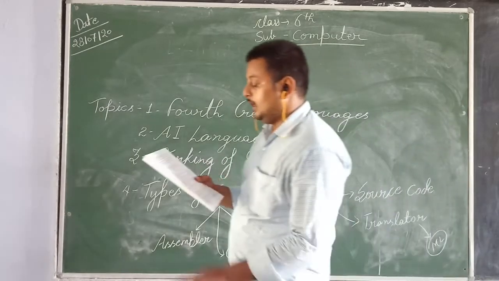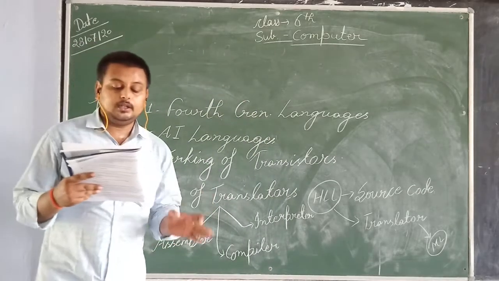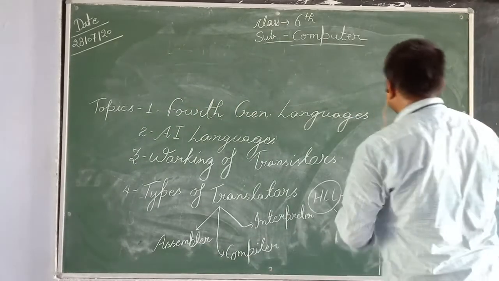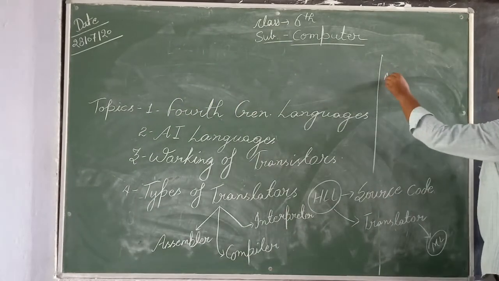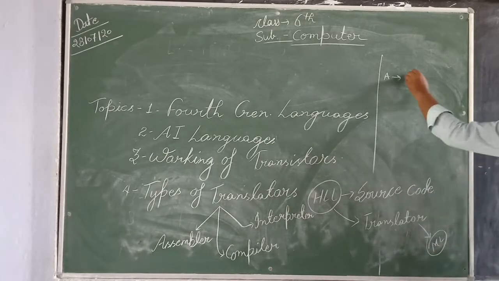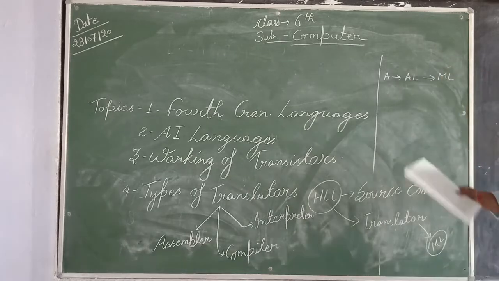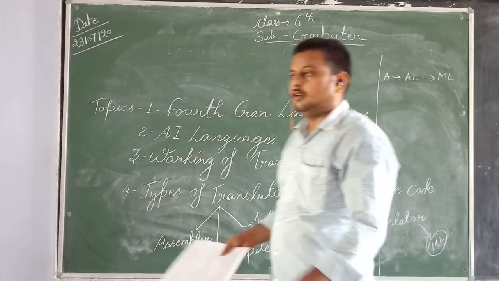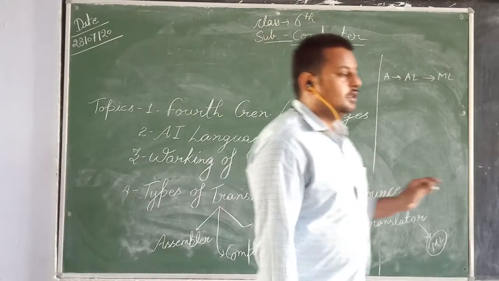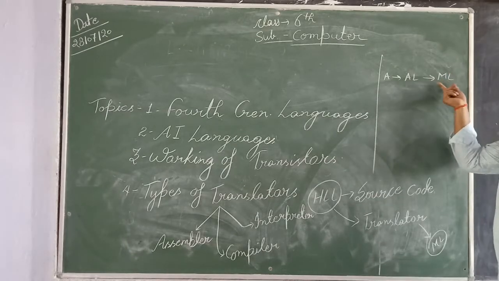Here you can see the assembler. An assembler is a translator that translates a program written in assembly language to machine language. This is only the work of the assembler.